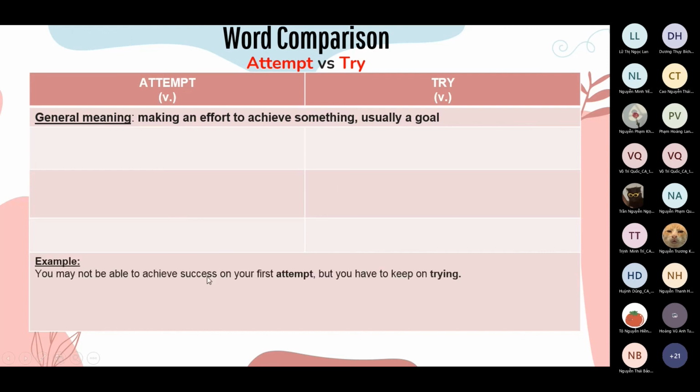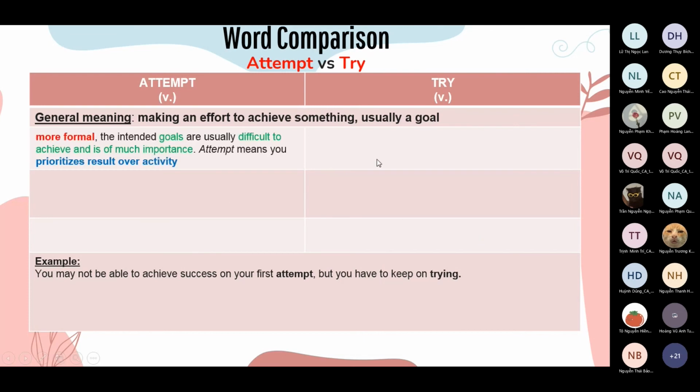Example here: you may not be able to achieve success on your first attempt, but you have to keep on trying. The main difference here is that attempt is more formal than try, and the goals associated with attempt are usually difficult to achieve and of high importance.